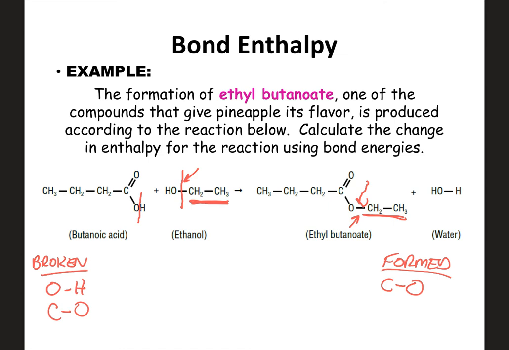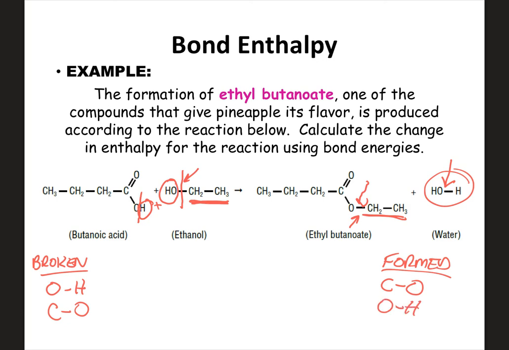Where is this coming from? We need to pay attention to that as well. Remember, on the left side, you broke off this H and you also broke off this OH. They're going to come together and combine to form the water over here. So you have this bond being formed, this O single H.